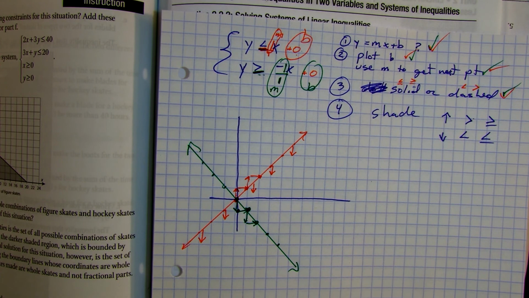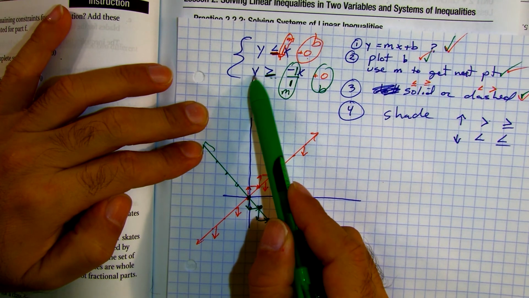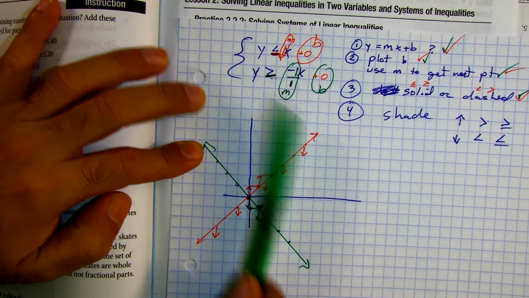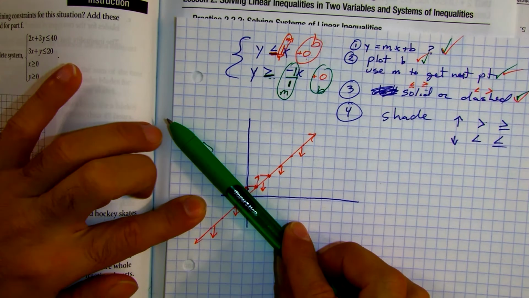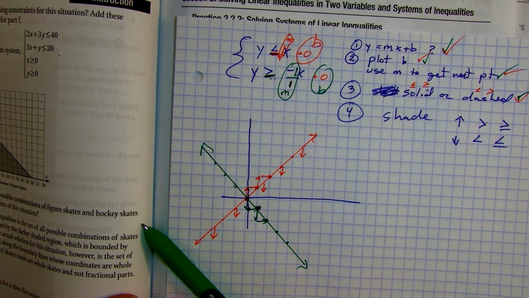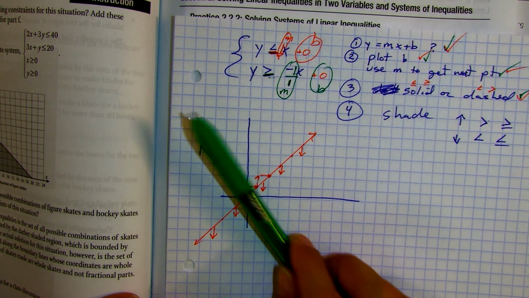Y is greater than or equal to. Which y values are greater than this green line? Which way? Is greater down? Nah. The y values that are greater than the green line are these values. Here's 0, here's 1, 2, 3, and so on up. So we're going to shade above.